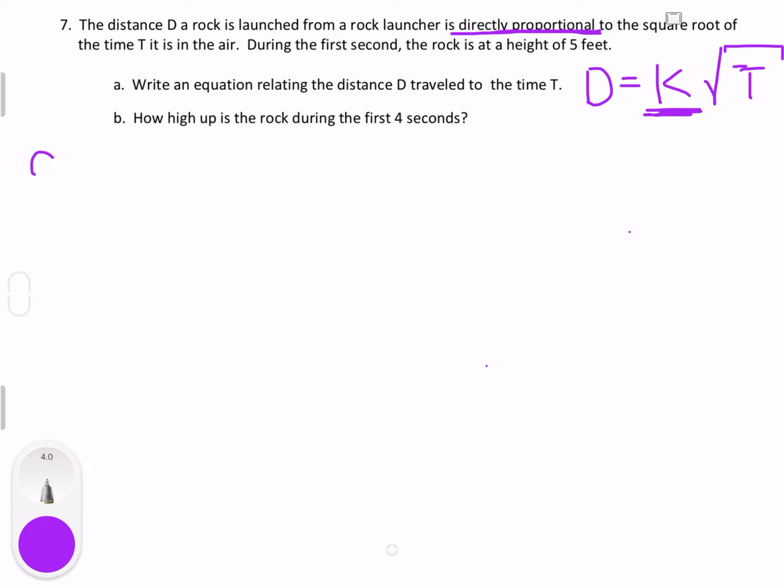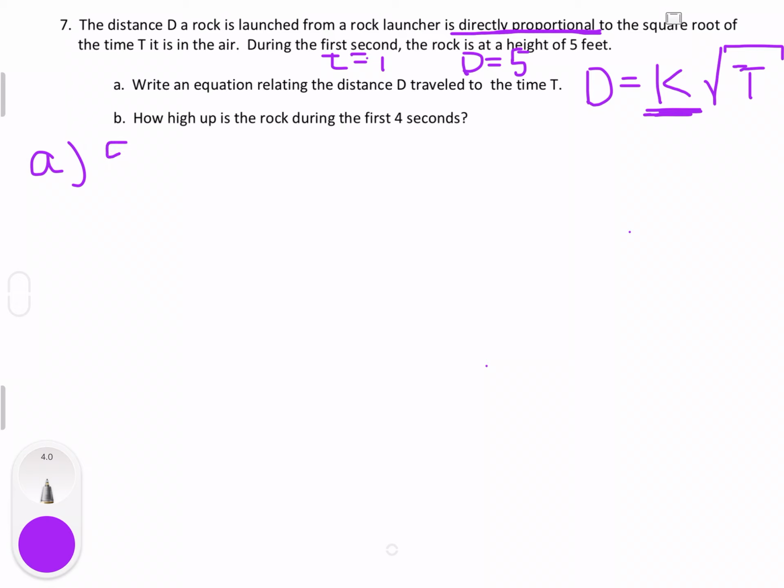So let's see, for part A, it tells us that during the first second, so here that means that your t is equal to 1 and your d is going to be equal to 5. So we just do what we've been doing for 6 and 5. We are going to plug these numbers in and solve for k.